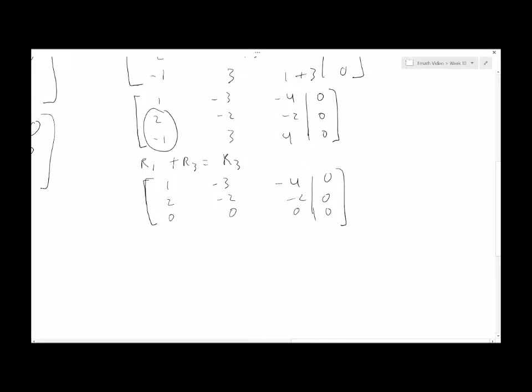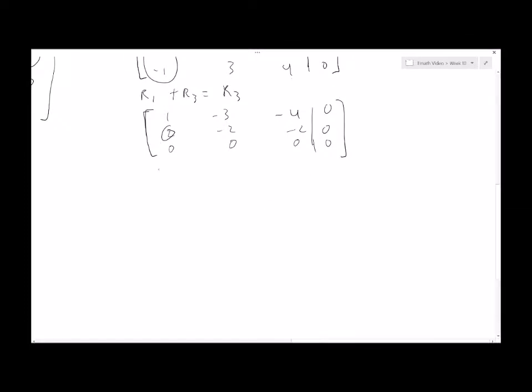Perfect. We still don't want this nasty system, so we want this to be a 0. So let's try and get that to be 0. So -2 row 1 plus row 2 equals row 2. 1, -3, -4, and then we're left with -2 plus 2 is 0, and 6 plus a -2 is 4, and then 8 plus a -2 is 6.